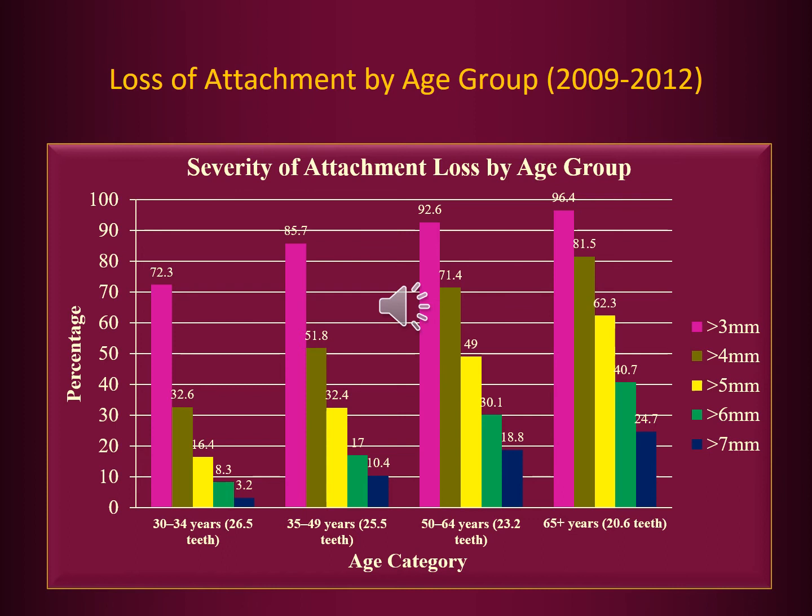And you can see those that are greater than 4 millimeters, that also increases, as does the other categories, including those who are in the greater than 7 millimeter category. So over time, what tends to happen is that people tend to get disease, and they tend to increase their level of disease over time. And so that's the fundamental outcome of what you're seeing on this particular slide.